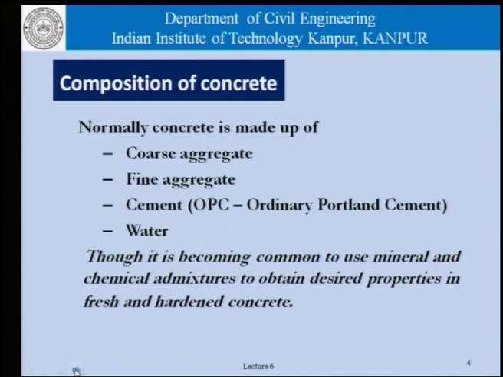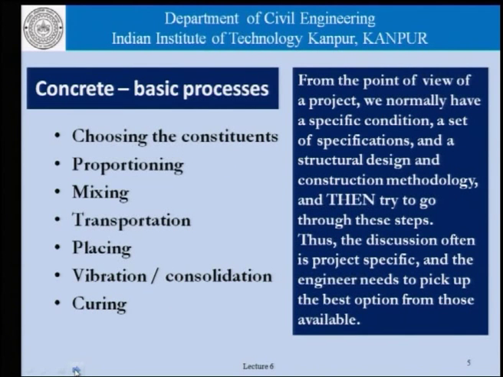We also have gone through the constitution or the composition of normal concrete, which consists of coarse aggregate, fine aggregate, cement and water, and the basic processes: proportioning, mixing, transportation, placing, vibration, consolidation, curing. And from the point of view of a project, we normally have specific conditions, a set of specifications and structural design and construction methodology, and then we go through these steps.